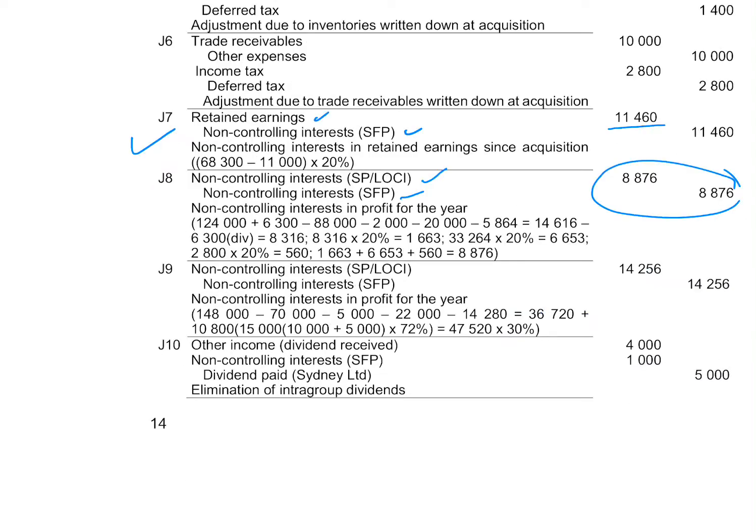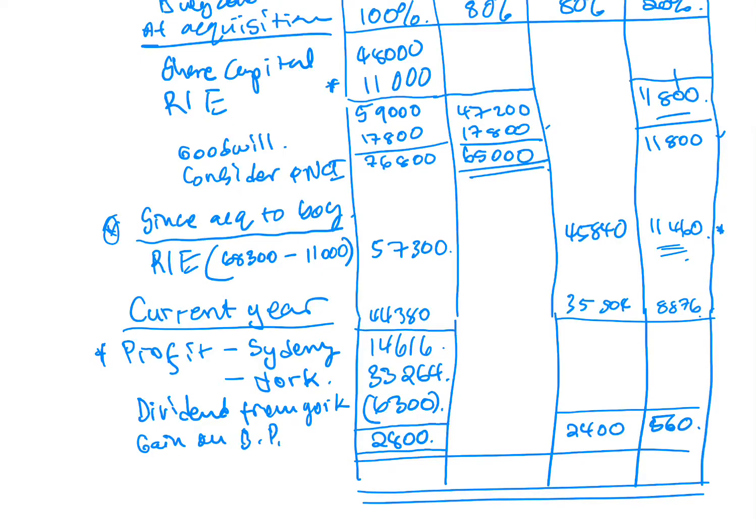Right, then the last item will be, we forgot the dividends paid there. I have to come and put my dividends paid. So dividends paid, they paid dividend of 5,000, 4,000 and 1,000.